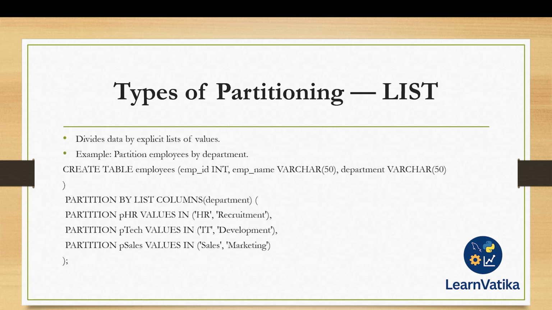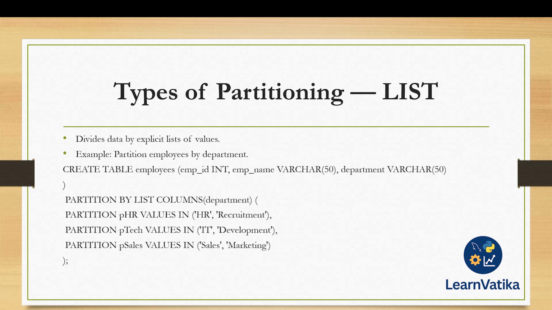You can see on the screen, we are creating an employees table with employee ID, employee name, and department, and we are partitioning the table using list partitioning. You can see the syntax: partition by list columns, and inside the column we are giving the department, because based on department we are going to partition the data.